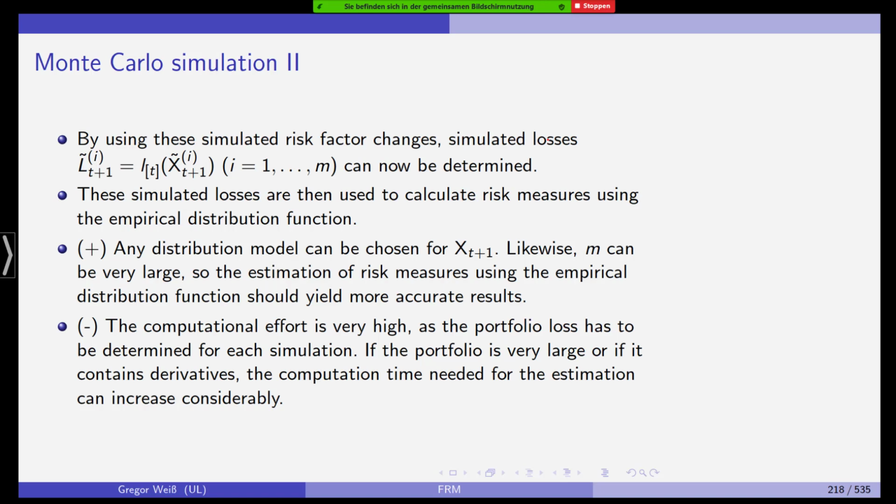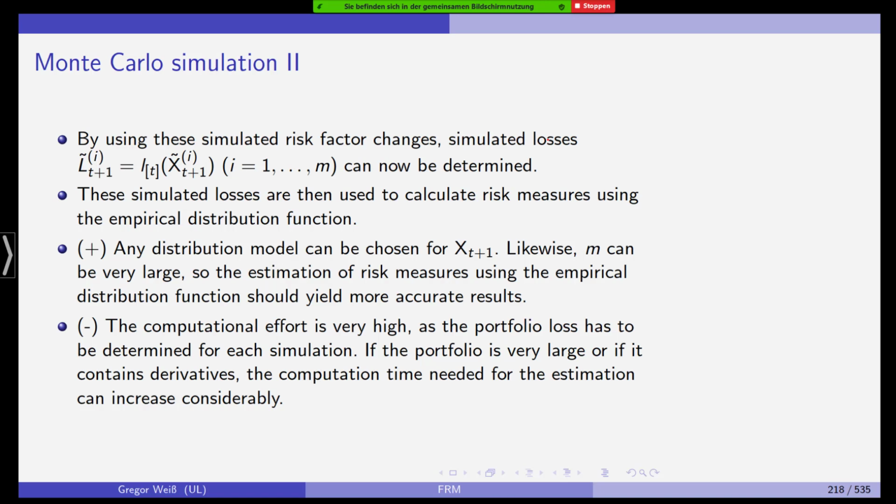You need to simulate a large number m in order for those observations to stabilize and to converge to the true distribution. Problem is you need a computer, and the computational effort can be very high, especially for a complex portfolio. So computation time is a factor here, and you need to keep this in mind.